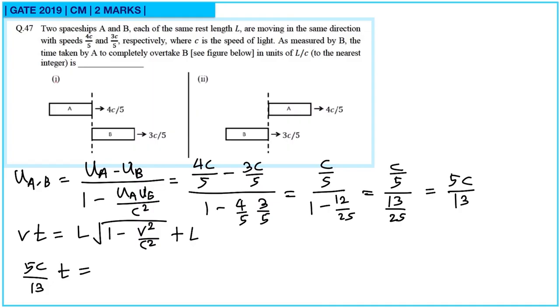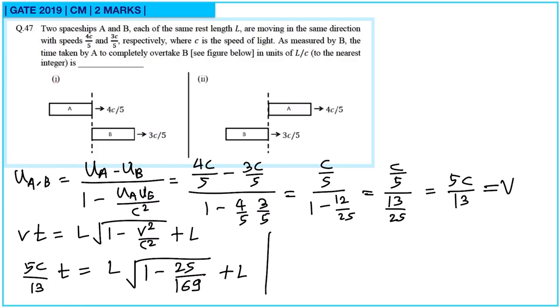We want to find out this t. Then we have L here, then 1 minus v square by c square, where v square by c square is 25 by 169, plus L.